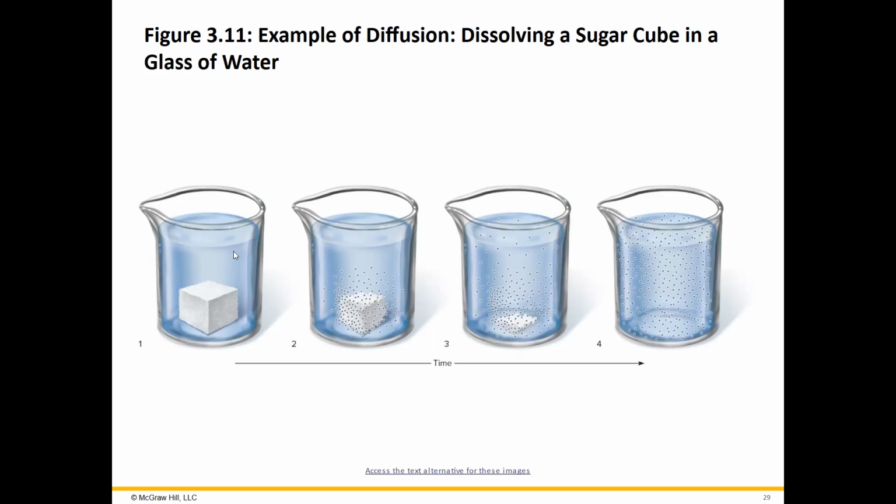So it will passively diffuse into the sugar cube. That will cause the sugar cube to dissolve until now there is the same amount of sugar molecules all throughout the water. There's no area where there's more water and less sugar. It's all evenly balanced. That's passive simple diffusion.